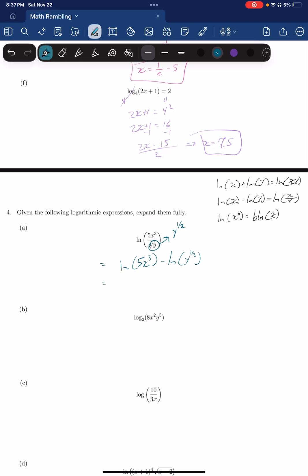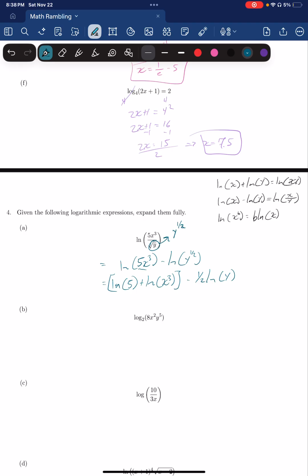And now let's see, we can take out this cube. Actually, before we take out this cube, I'm going to split up this multiplication here into ln of 5 plus ln of x cubed, put this in brackets, minus ln of, I'm going to take out this 1/2 now, 1/2 ln of y.